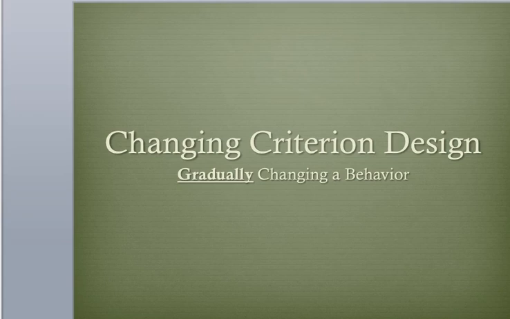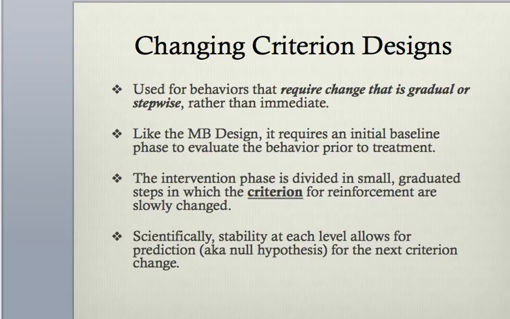As a result, they may need a little bit of coaxing and a more gradual intervention plan set up for them. So the changing criterion design is used for behaviors that require change that's slow or gradual or that needs to occur stepwise rather than immediately.